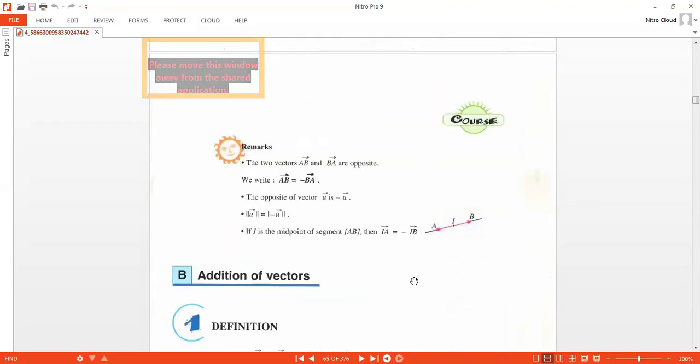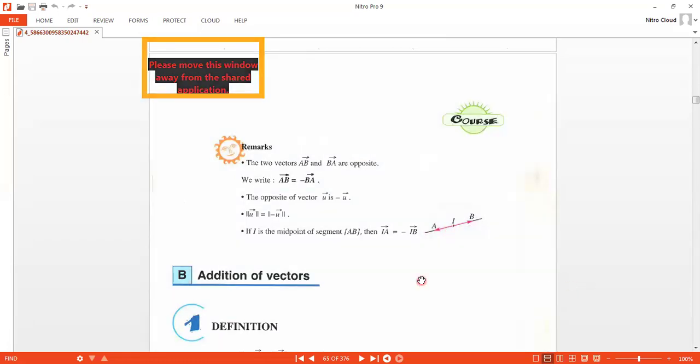The most important one: if I is the midpoint of the vector AB, then IA plus IB equals 0, or IA equals minus IB, because they have the same magnitude since I is the midpoint, and the same direction because they are on the same line of action, but they have opposite sense, one to the right and the other to the left.